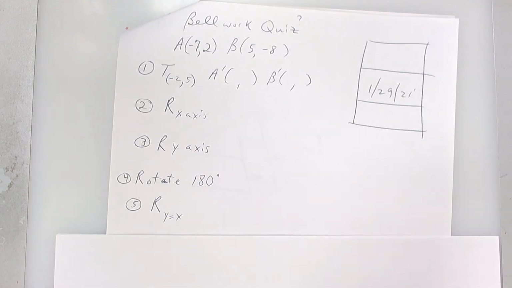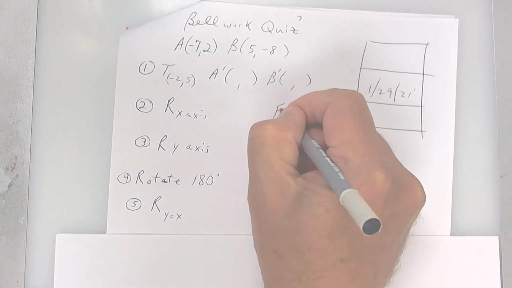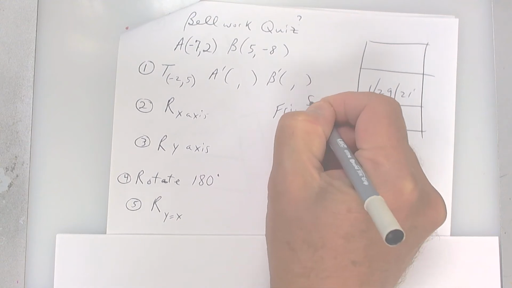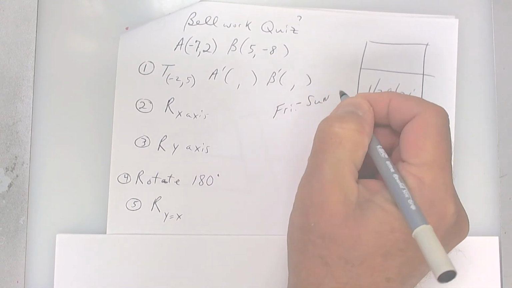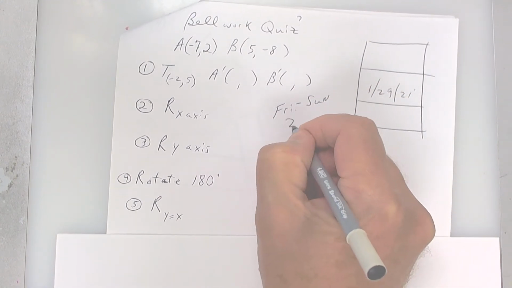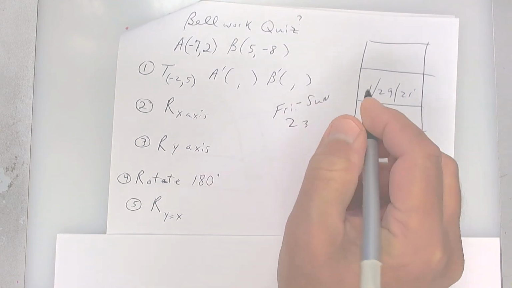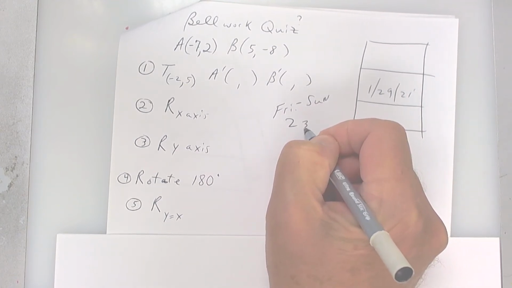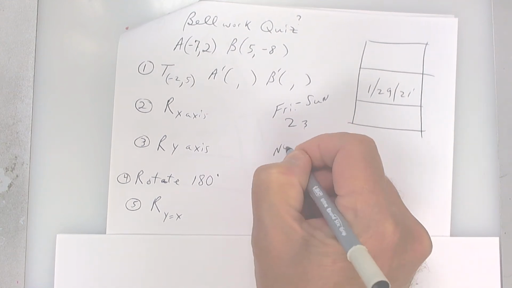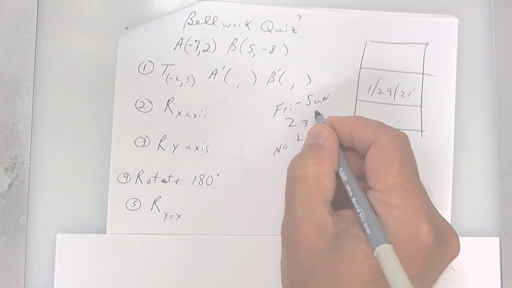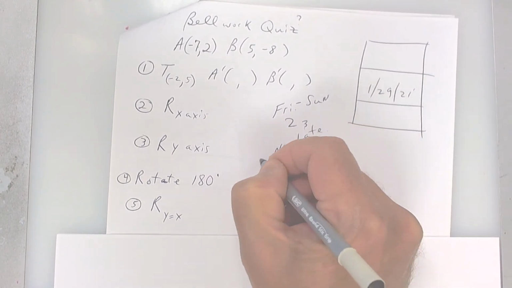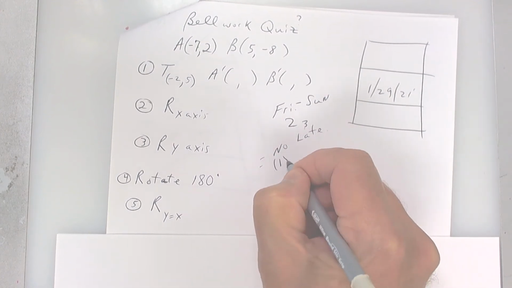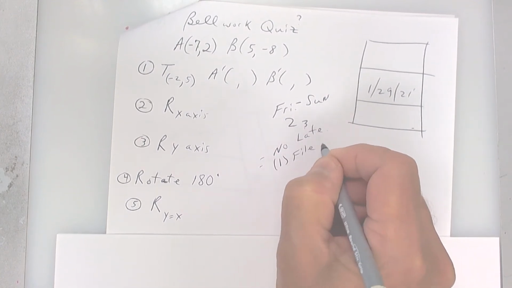All right, before we get started, understand you have from Friday, today, to Sunday to turn in your homework for the week 2-3, second week, third marking period. No late work accepted. After Sunday, I'm not going to accept it. And it has to be one file upload.